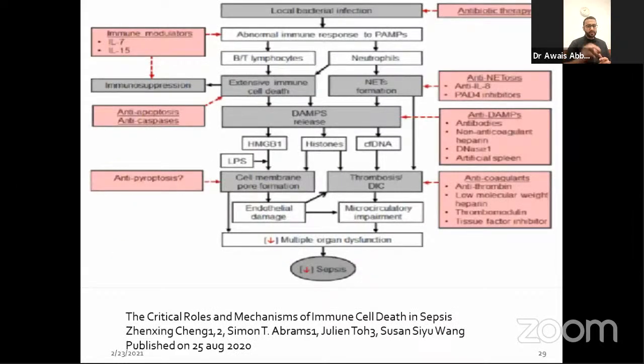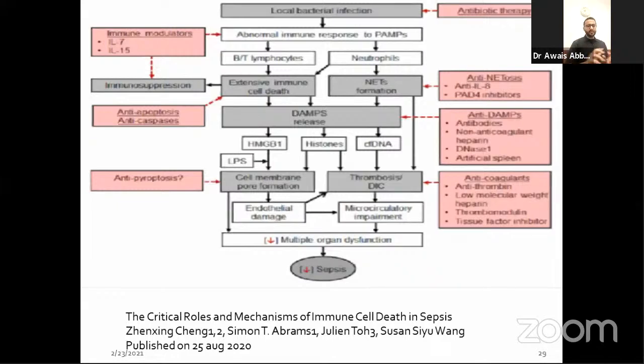So this is the chart that summarizes this whole concept of immune dysfunction. When the patient gets infected, then what happens? I'm not getting a picture. Okay, so fine.